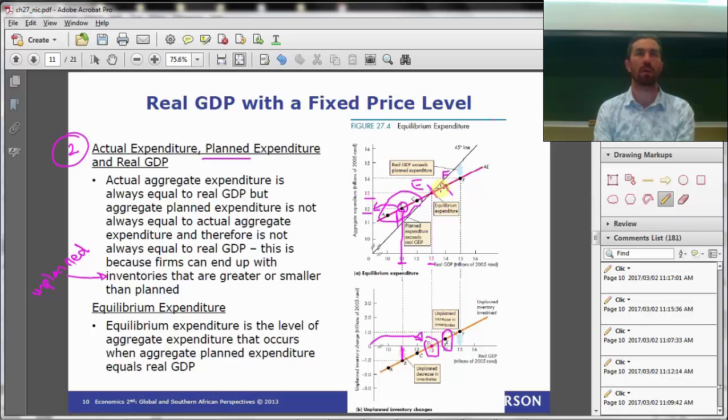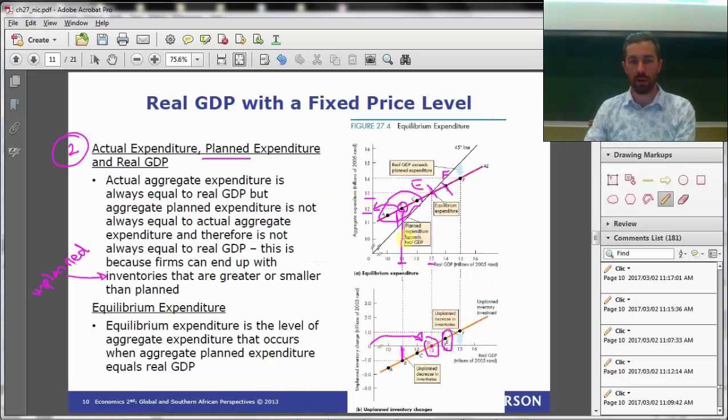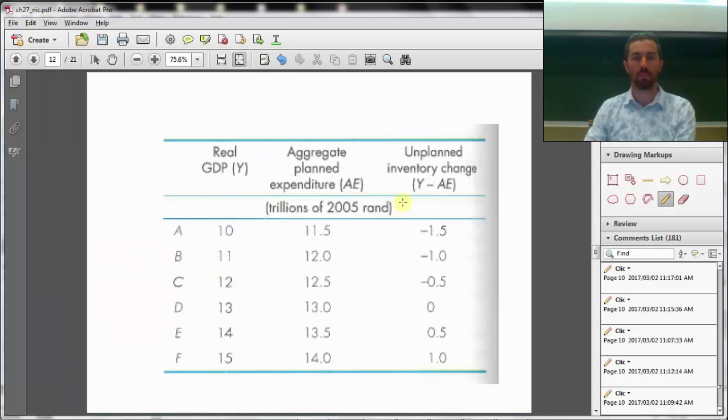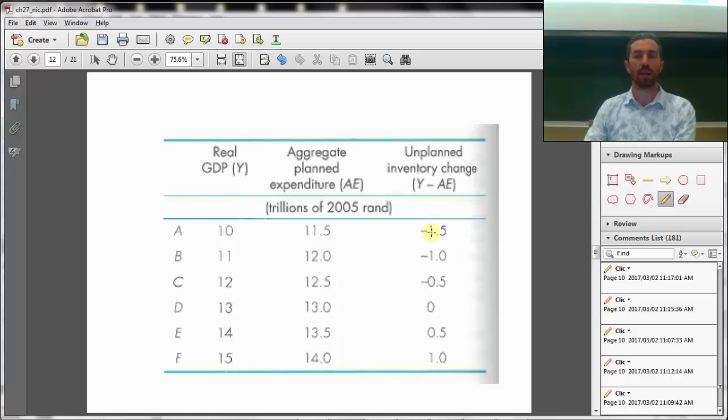Everyone happy with that or not? Okay. So equilibrium will be at this point of intersection. So if we look at this diagram, we see at any point A, B, or C, there's an unplanned change in inventories that's negative. In other words, inventories are decreasing, and firms did not anticipate it.